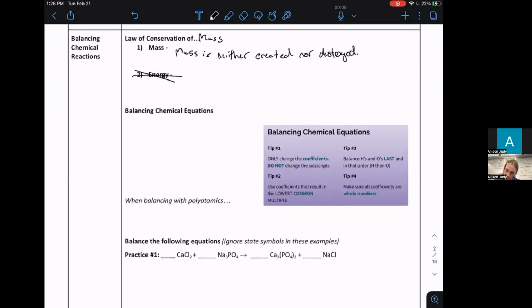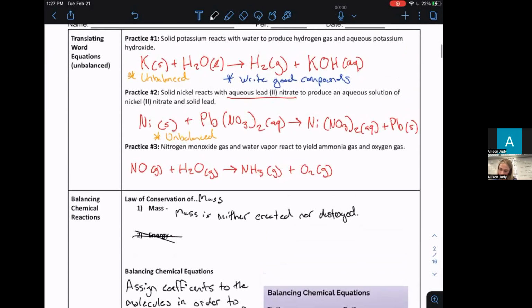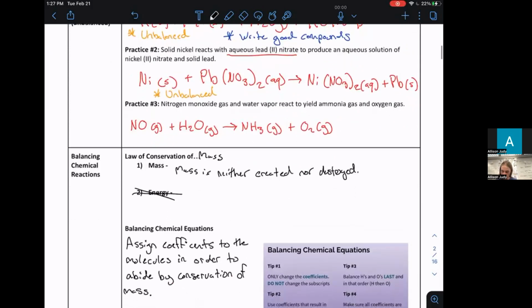When we balance chemical equations, we assign coefficients to the molecules in order to abide by the law of conservation of mass. The idea is that if in our original equation we had more hydrogens at the end than we started with, then probably we needed to start with more than one molecule of H2O.